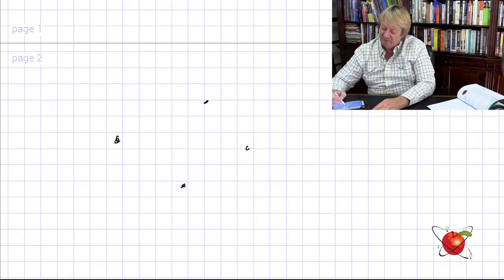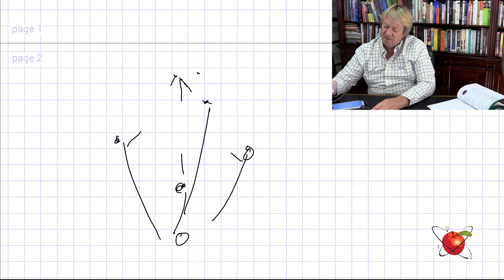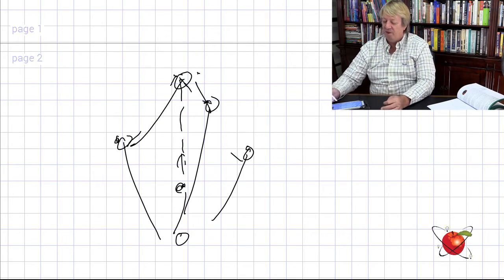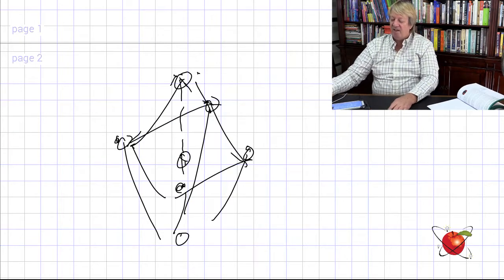And then we end up with one at the top, which sits above, over there, and then this one comes down to there, and to there. So we've got a molecule there, and we've got the one sitting in the center, which is the molecule that we're bonded to.